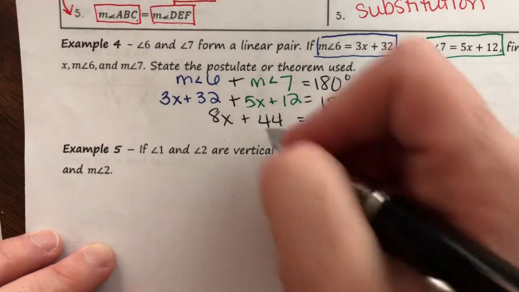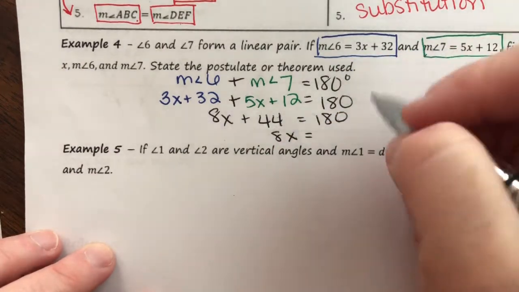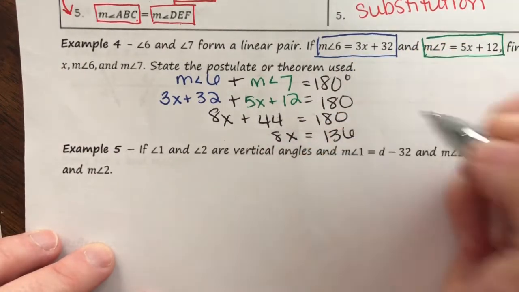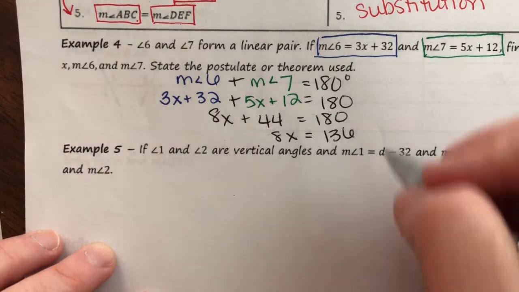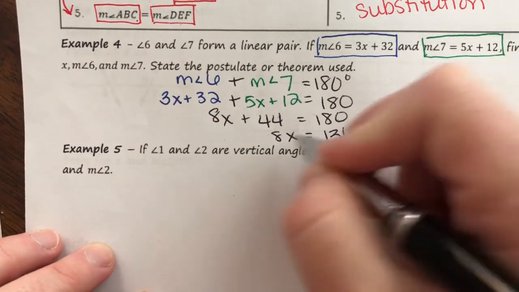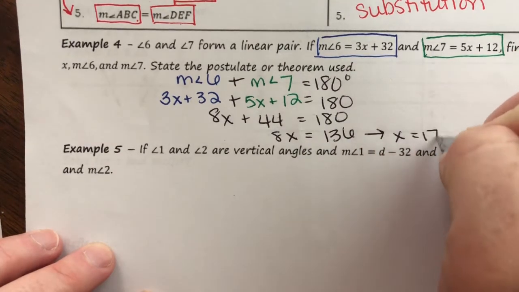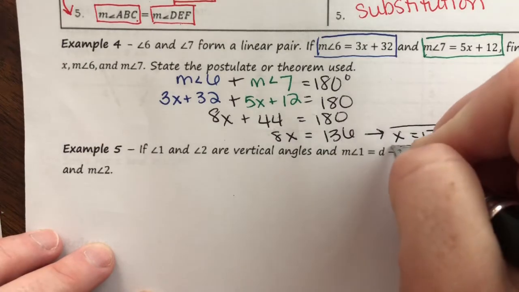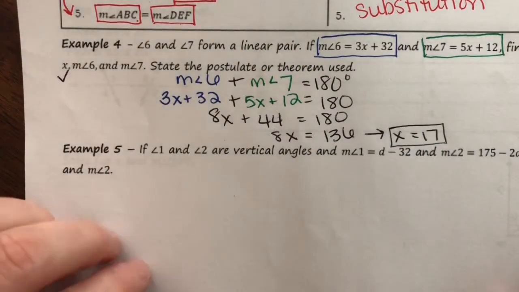So I subtract 44 and I'm left with 8x equals 180 minus 44 is 136. So once we divide both sides of our equal sign by 8, right, to get x by itself, we're going to end up with x equals 17. Okay, so there's the first thing we had to solve for, right? We had to solve for x equals 17, we got it.